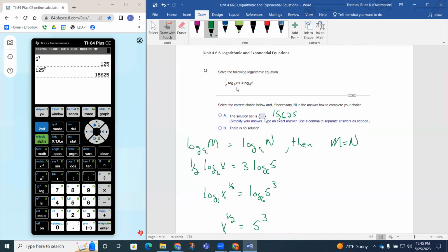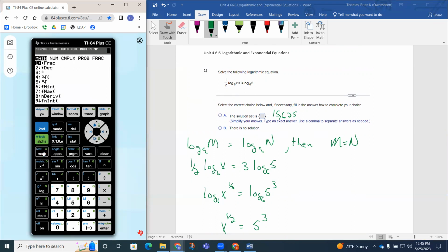If I wanted to test it, I could put 15,625 into this problem. So I have alpha F1, 1/2, and then math, log base. We've got a 6 there. Now instead of putting an x there, I'm going to put 15,625.